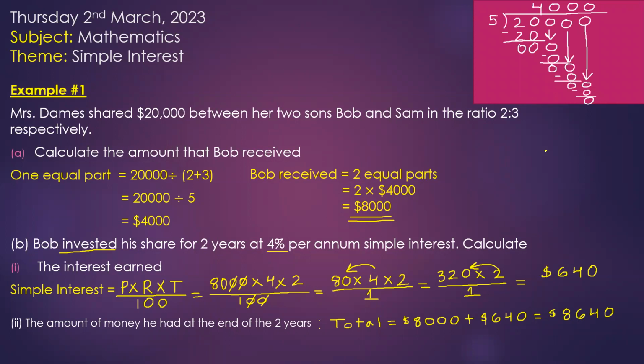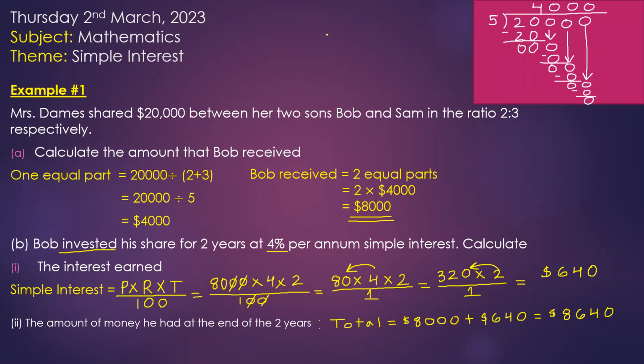B. Bob invested his share for 2 years at 4% per annum simple interest. Calculate the interest earned. First we have to find the simple interest, which is P times R times T over 100, which is principal times rate times time over 100. The principal in this is 8,000. The rate is 4%, and the time is 2.